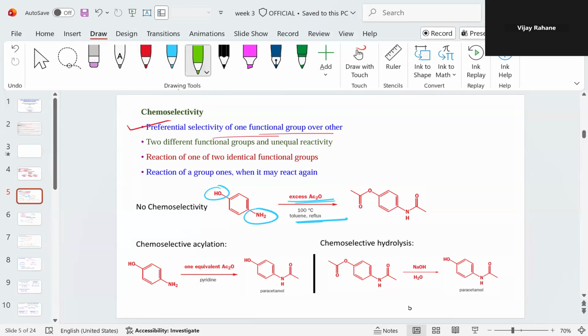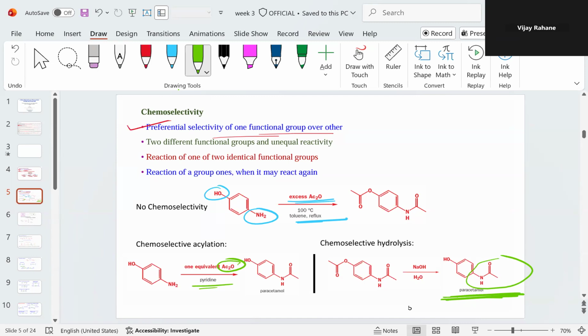If you want to do this selectively, look at the structure of paracetamol: only the amine functional group is protected by acetyl. If you want to prepare paracetamol, how are we going to deal with this type of chemistry? We can add selectively one equivalent of acetic anhydride and a catalytic amount of pyridine.